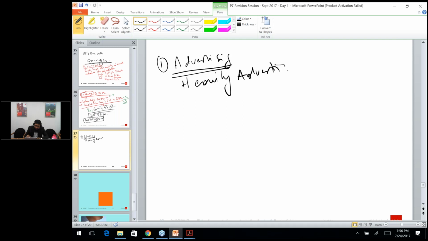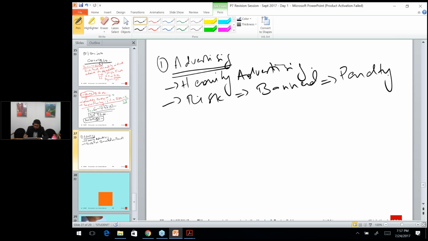There could be a risk that if advertising is banned in a certain country and we end up advertising in that country, we might face penalties and bans, etc.